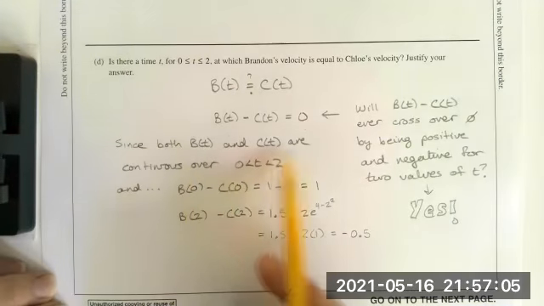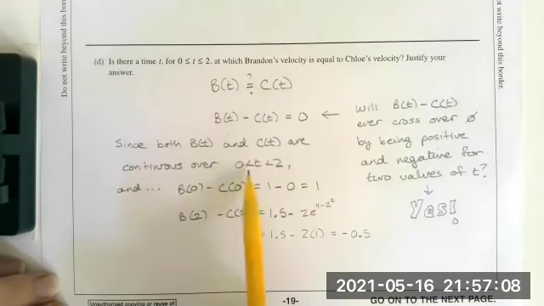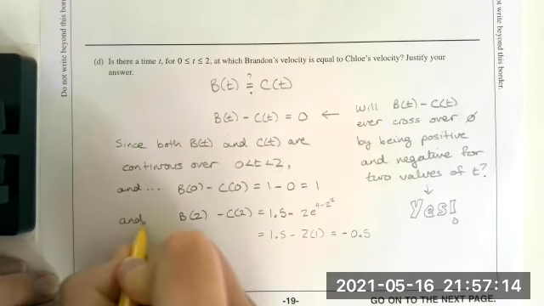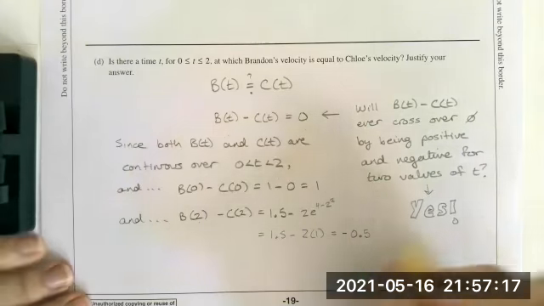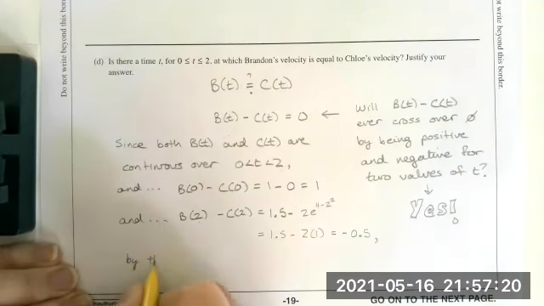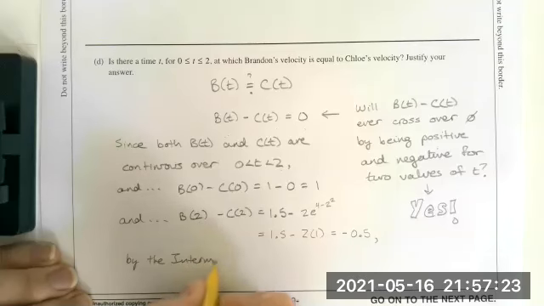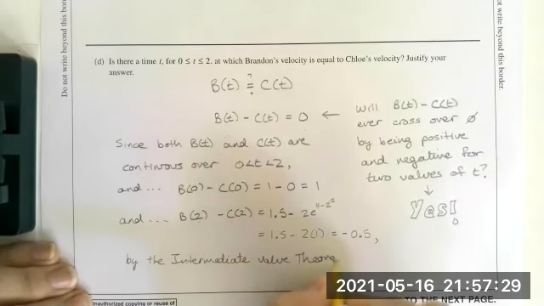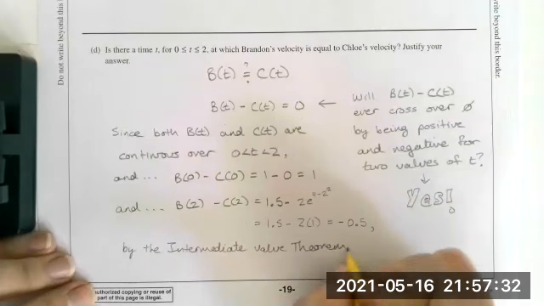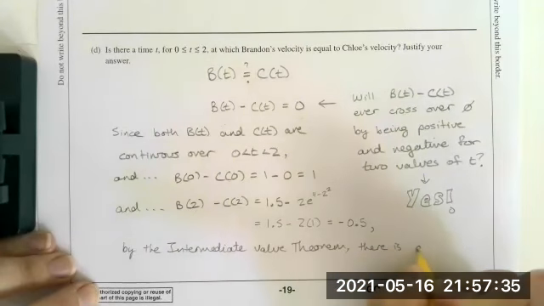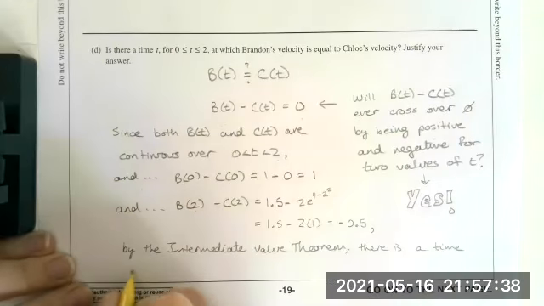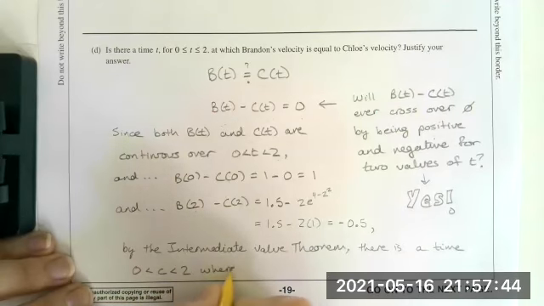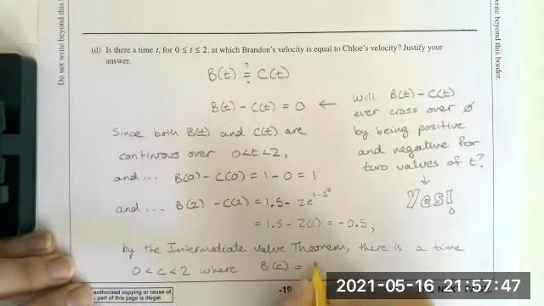So since both B of t and C of t are continuous over 0 to 2, and B of 0 minus C of 0 equals 1, and B of 2 minus C of 2 equals negative 0.5, by the intermediate value theorem, there is a time 0 less than c less than 2 where B of c equals C of c.